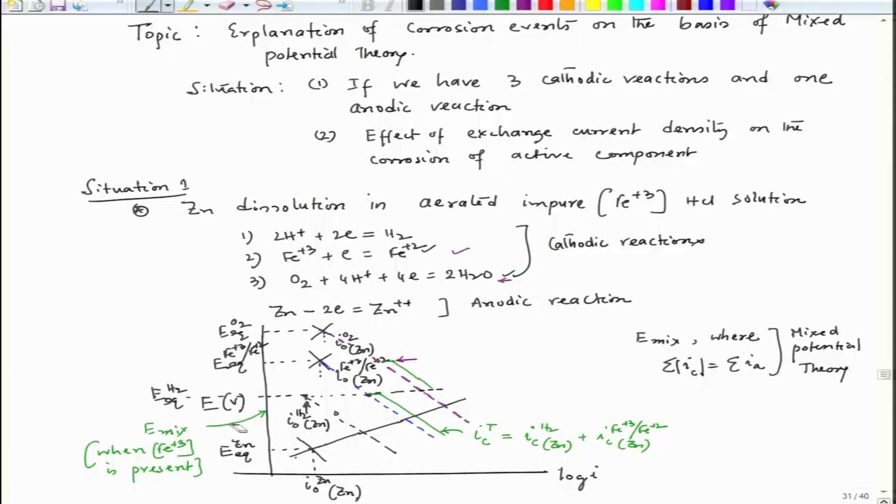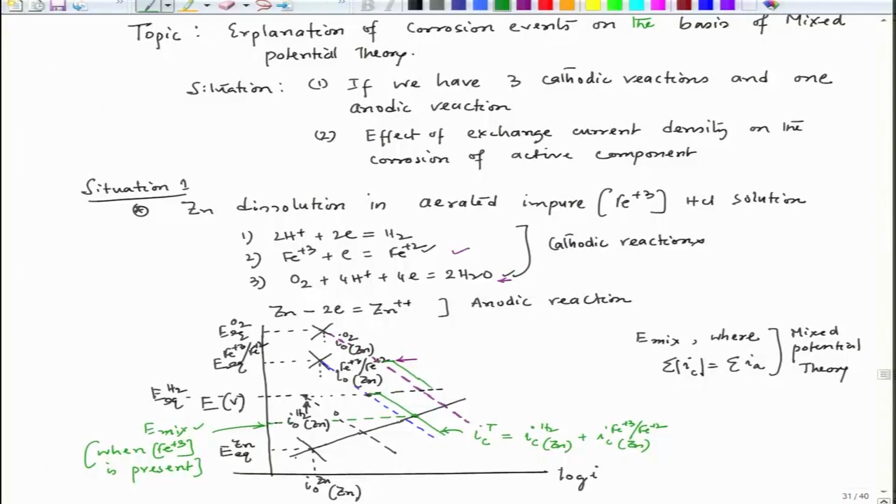We are just doing a little bit of modification. So, this will be my mixed potential when Fe plus 3 is present.